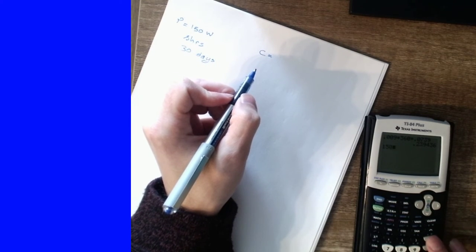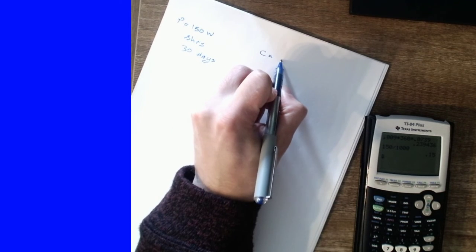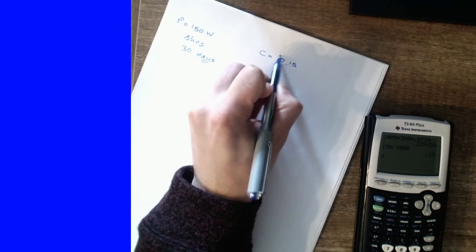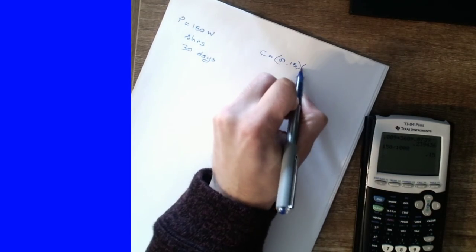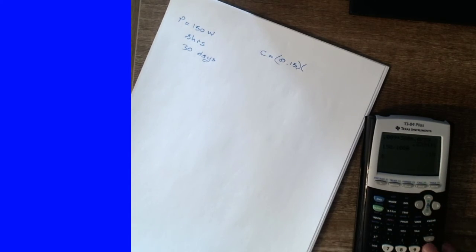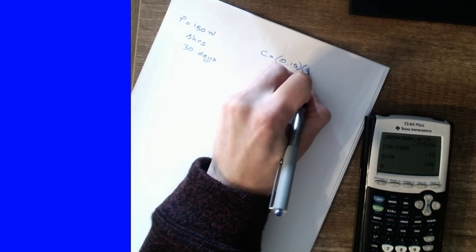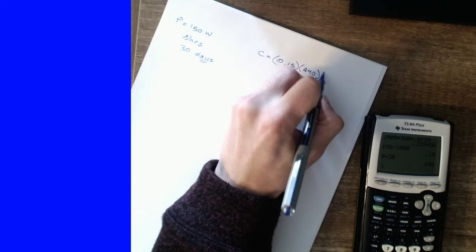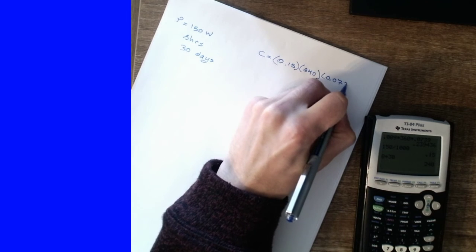We'll assume that the cost is still that 0.0739. That changes based on where you live, essentially. It's different for different places. So the cost is going to be, remember, I always take that power rating and divide it by 1,000. So 0.15, that gets the kilowatts, multiplied by 8 hours a day times 30 days. It's 240 hours multiplied by the 0.0739.